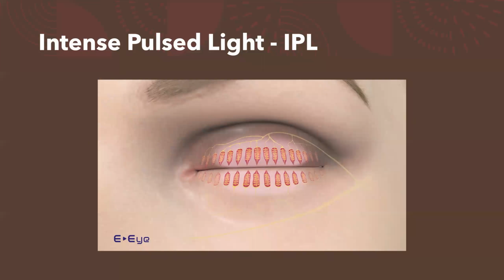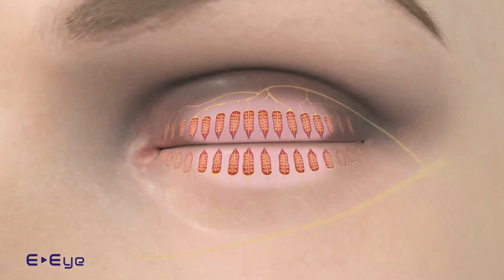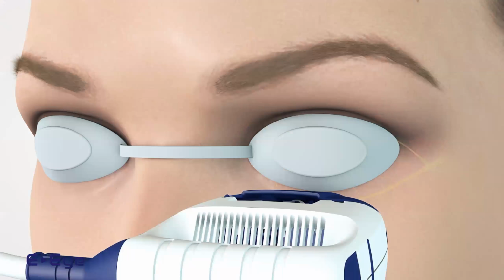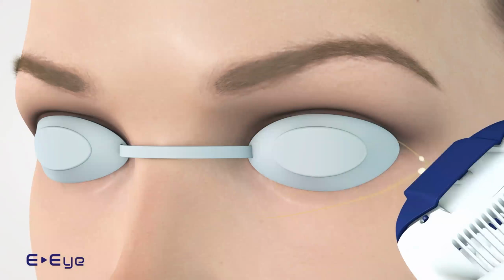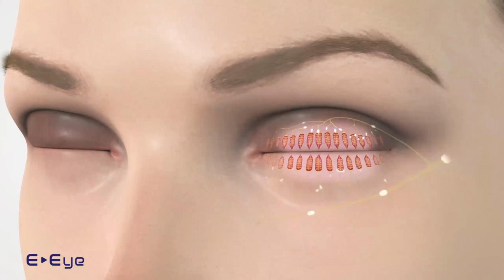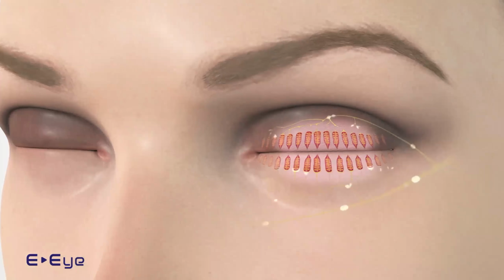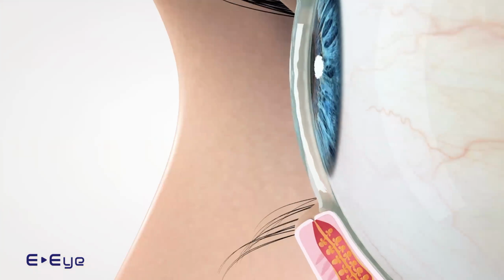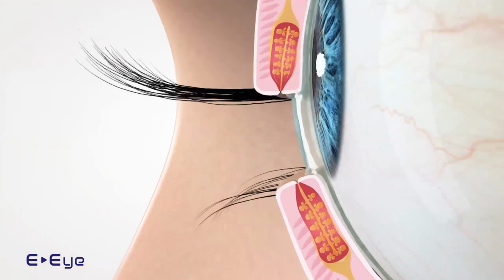Next, we have something called intense pulsed light. This is a regulated pulse that is applied to the lower lid margin and at the medial canthus, because of which there is activation of the Meibomian glands and the lipid layer is formed again.